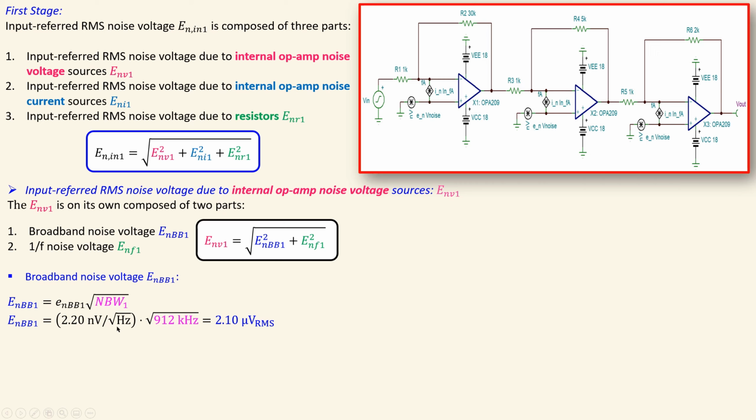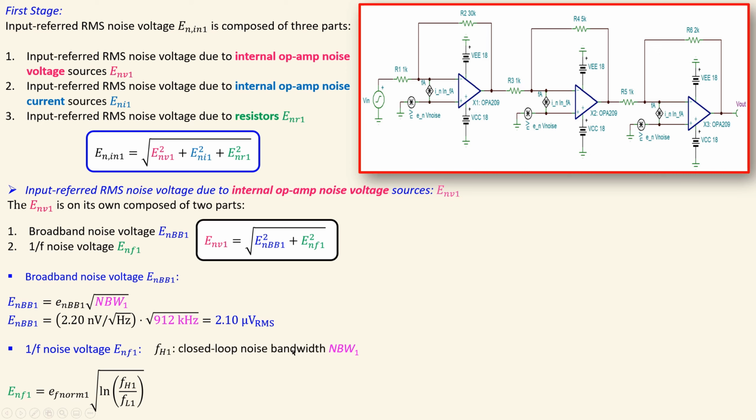Now if you do the math here, you will get 2.10 microvolts RMS. Now for the 1/f noise voltage in RMS, you will have this formula. For that we need the normalized noise voltage, the upper cutoff frequency and also the lower cutoff frequency. The first one will be the closed loop noise bandwidth, so this will be 912 kilohertz.